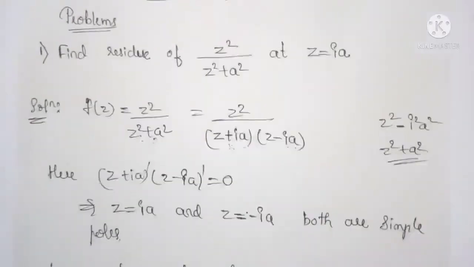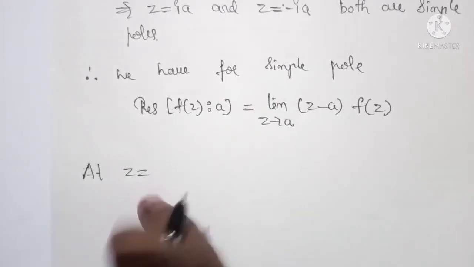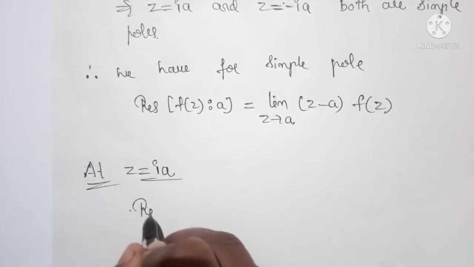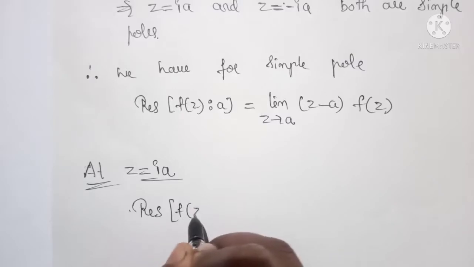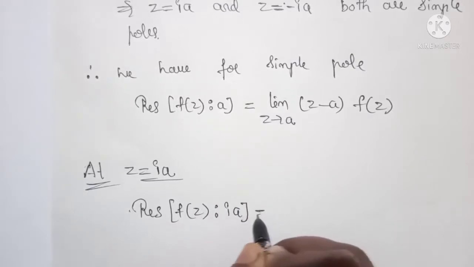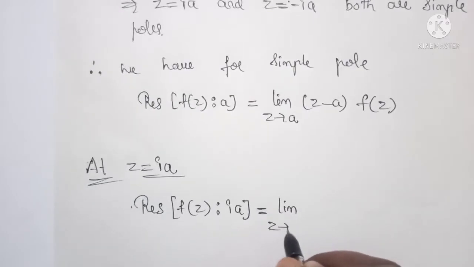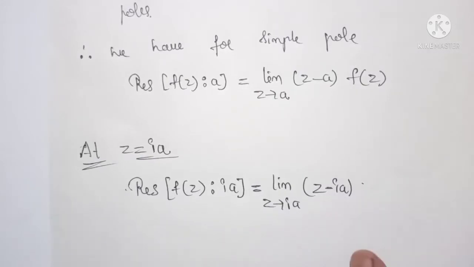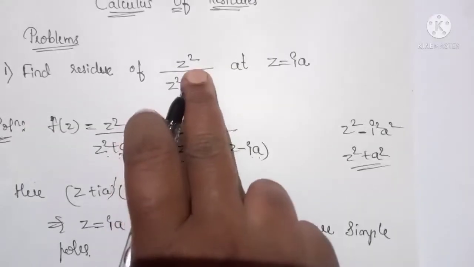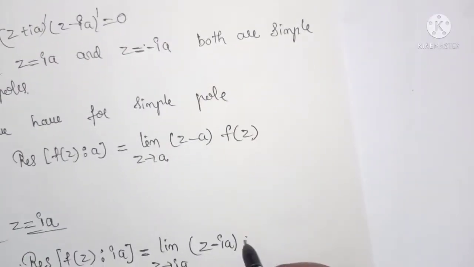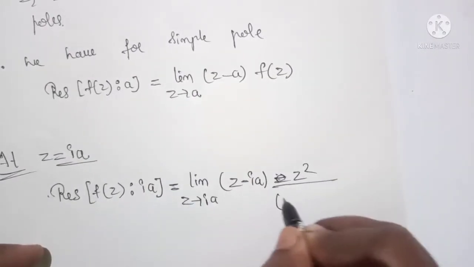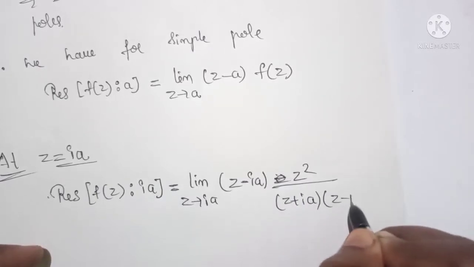Given that we need to find the residue at z equals to ia only, not minus ia. So residue of f of z at ia is equals to limit z tends to ia of z minus ia into f of z, where f of z equals z square divided by z plus ia into z minus ia.